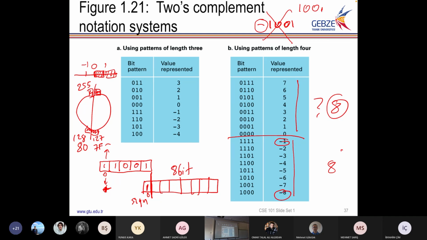And similarly, if it is 8-bit, it goes from 0 to 127, -1 to -128. Is that clear? Yes. No. Okay. Ask a question. Who said no? I didn't understand the adding one station.